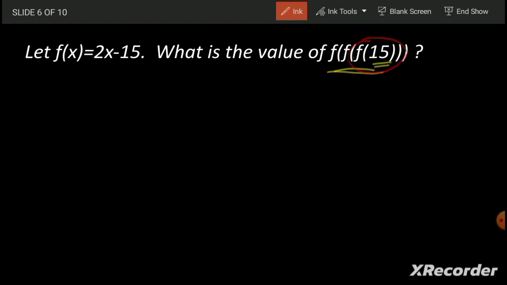So from our function, f of 15 is equal to 2x, but x now is 15, minus 15.